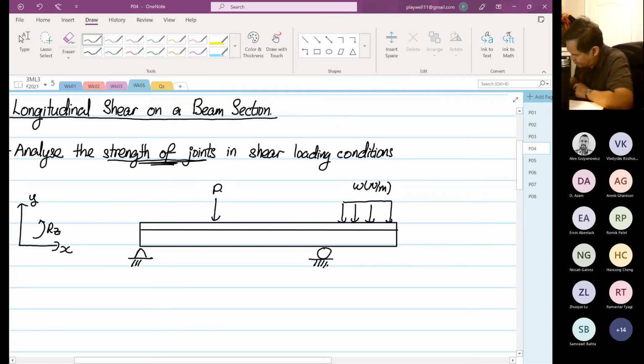is made of, hear me out first, you have spacing of the nails down here, or rivets.